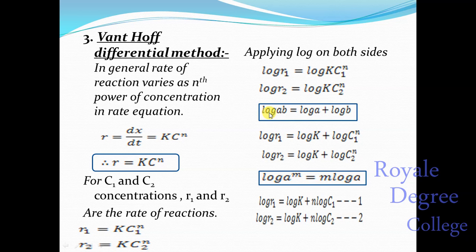Now we are using this formula, log AB is equal to log A plus log B. So log A, this K is A and C1 to the power n is B. So we are writing like this, log R1 is equal to log K plus log C1 to the power n. Look at this first equation: after applying the log on both sides, we are getting these two equations.